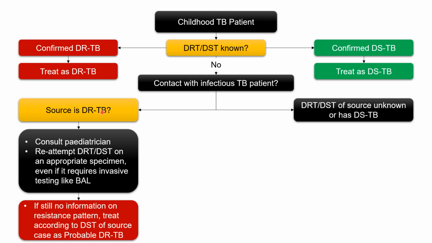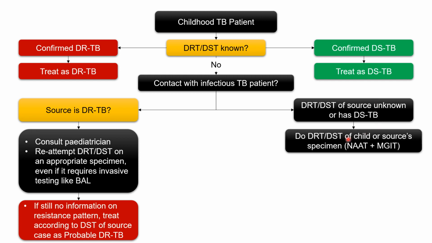On the other hand, if the drug resistance or drug sensitivity testing status of the source case is also not known, or if the source is actually a case of drug sensitive tuberculosis, then what do we do? Then we have to do DRT or DST, that is drug resistance testing or drug sensitivity testing, of the child or source specimen. That means we have to test this patient whose test has not been done or whose status is not known, by NAT and MGIT.